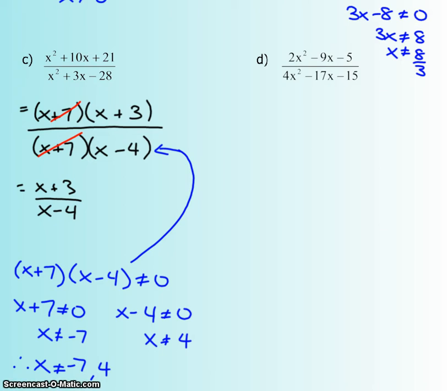For the last one, what we're going to do is we're going to factor. These are both complex trinomials, and again, if you are very strong at factoring, this is going to be faster for you. So for me, I'm going to use a guess and check method, but you could always do decomposition. And I'm just going to quickly factor.